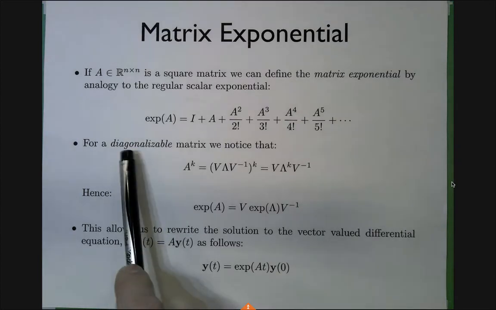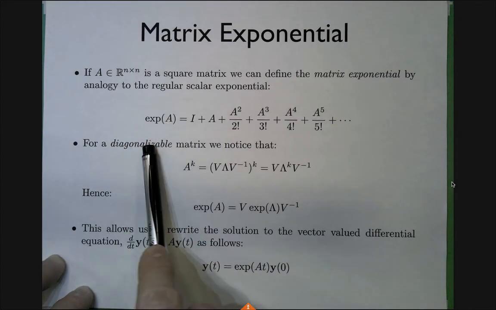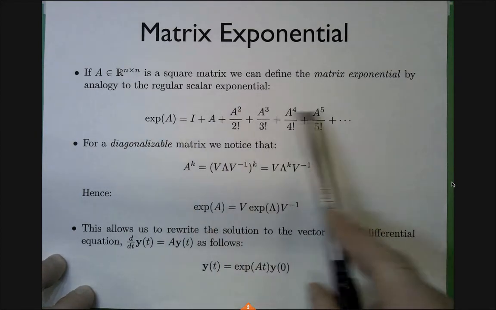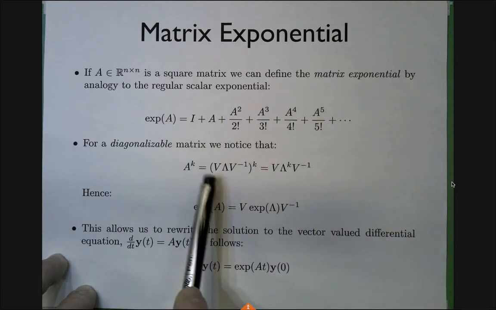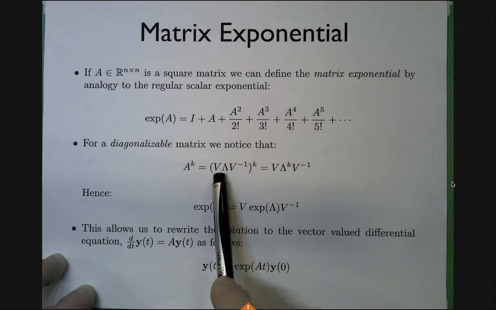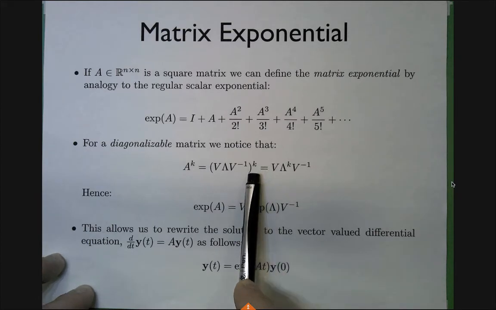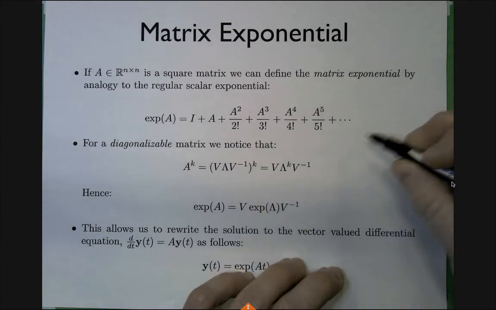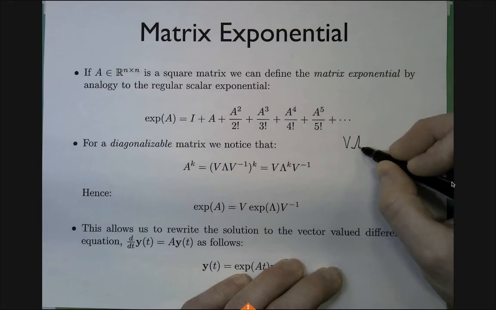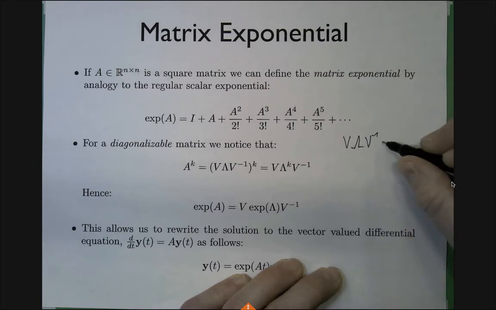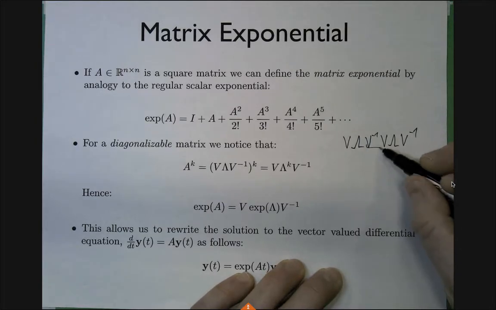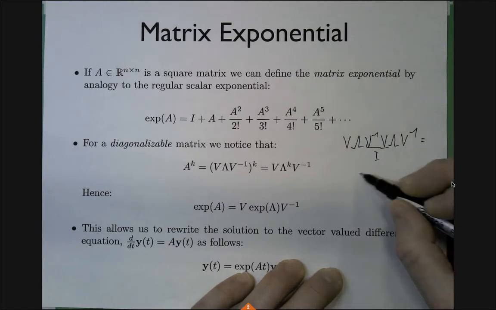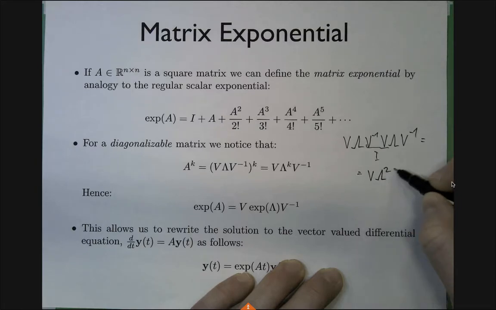And even more importantly, if the matrix is diagonalizable, notice what happens to the powers. If the matrix is diagonalizable, it's V lambda V inverse to the power of K. What's going to happen, for example, for K equals 2? I do V lambda V inverse times another V lambda V inverse, right? But this is identity, so what I'm going to get here is V lambda squared V inverse.